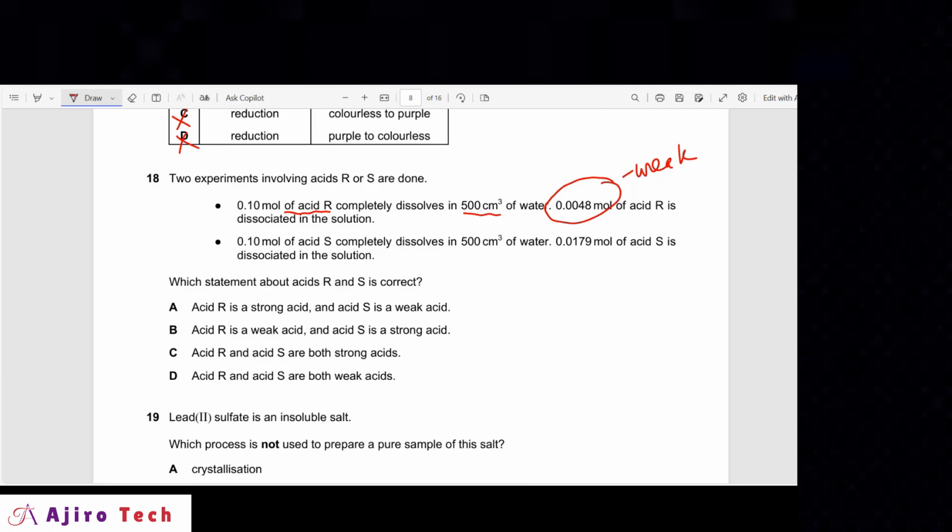Then for the second acid, 0.1 mole again was used in the same volume of water, but still not all of it dissociated. So this basically tells us that both of them are weak acids. None of them happens to be a strong acid, because if they were strong acids, then all of the moles should have dissociated. Definitely, it's G, because both of them simply show that they are weak acids.